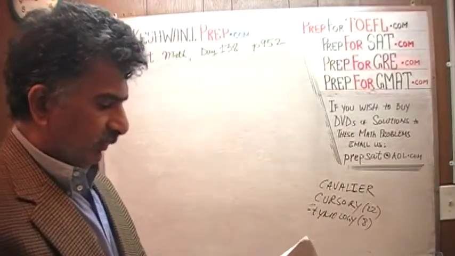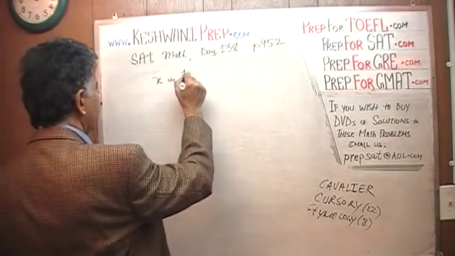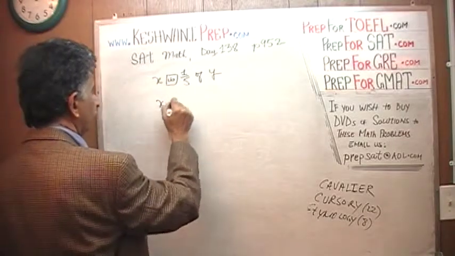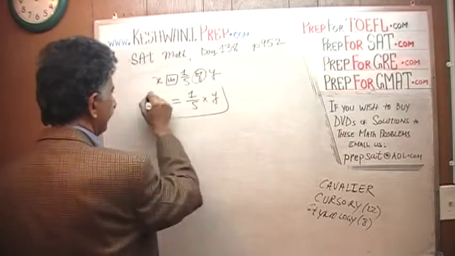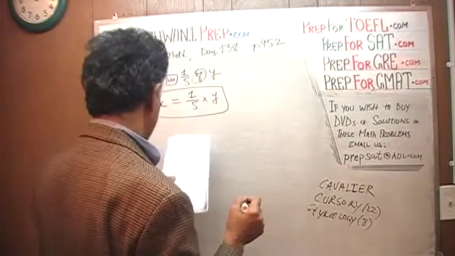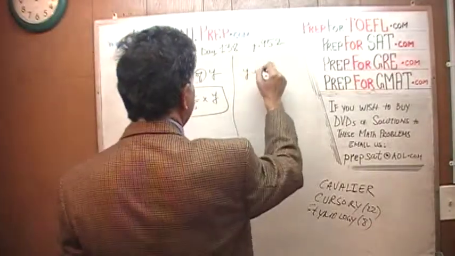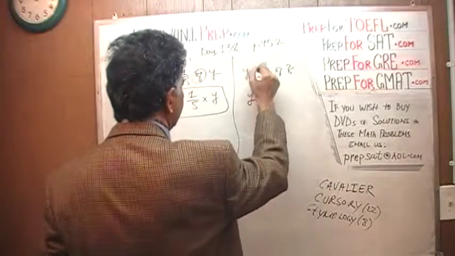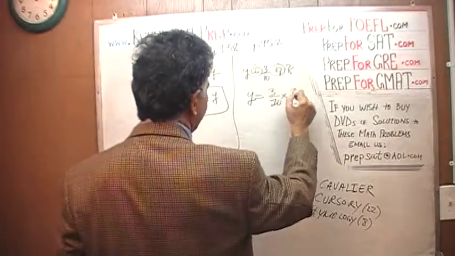If x is 1/5 of y, which is the same as saying x equals, 1/5 of means times y. And y is 3/10 of z. Again, y equals, 3/10 of means multiply times z.